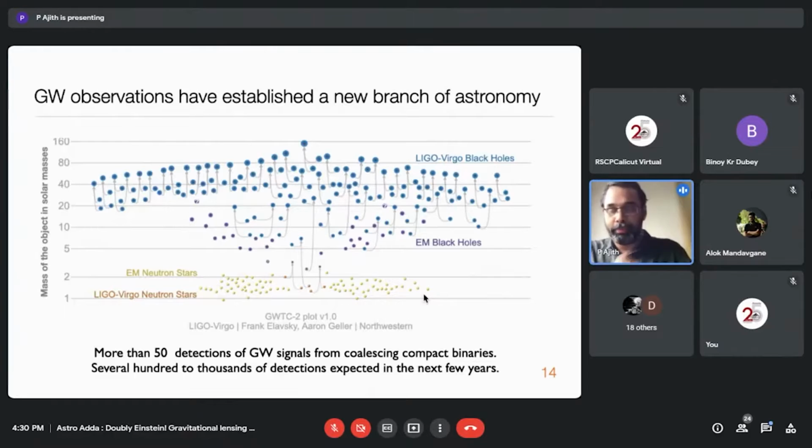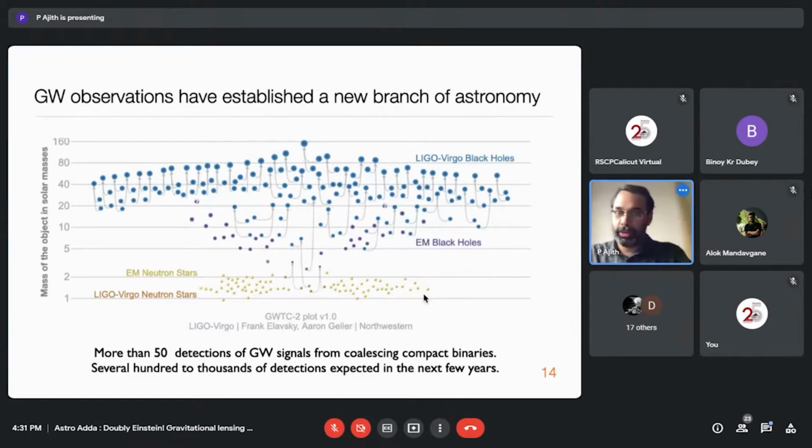So one point I would like you to notice is that in the last 5-6 years, LIGO and Virgo detected of the order of 50 gravitational wave signals, but these detectors have not yet reached their design sensitivities, and their sensitivities are being improved now.